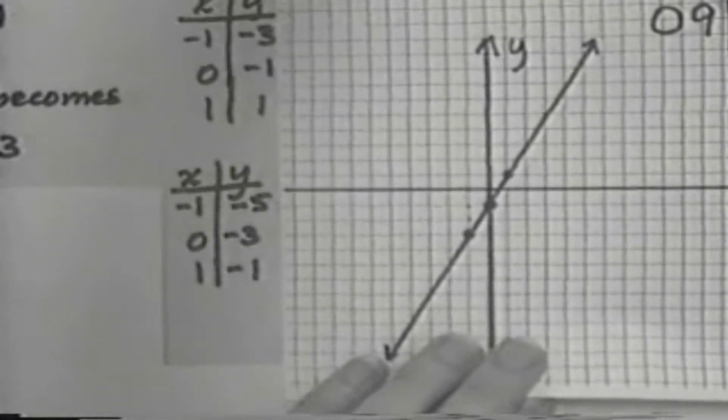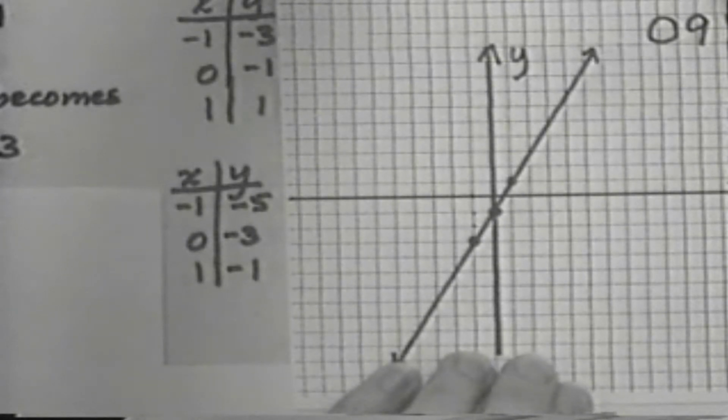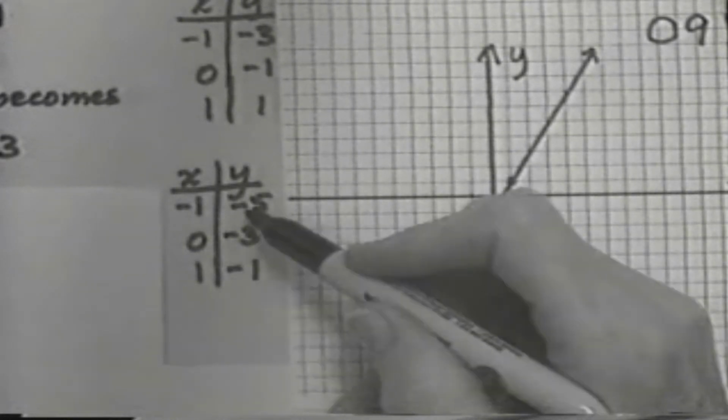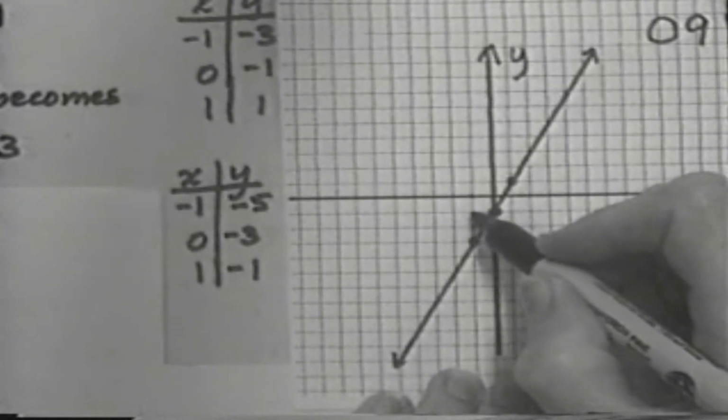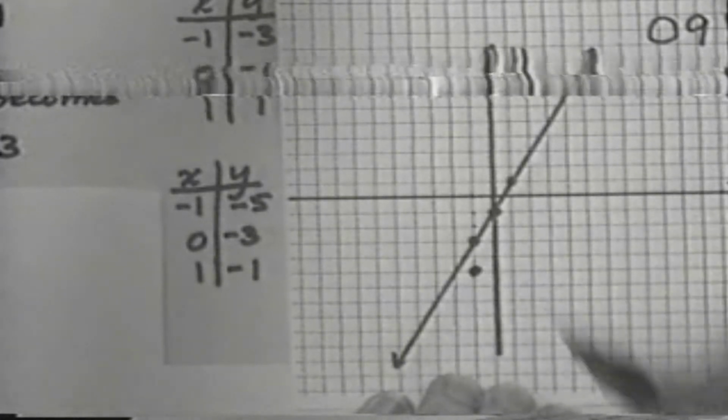So let's take these ordered pairs and put them on the same graph we just were setting up. So here's our graph we just did, and let's carefully graph these ordered pairs. The first ordered pair is -1, -5. That means to the left 1 and down 5: 2, 3, 4, 5.